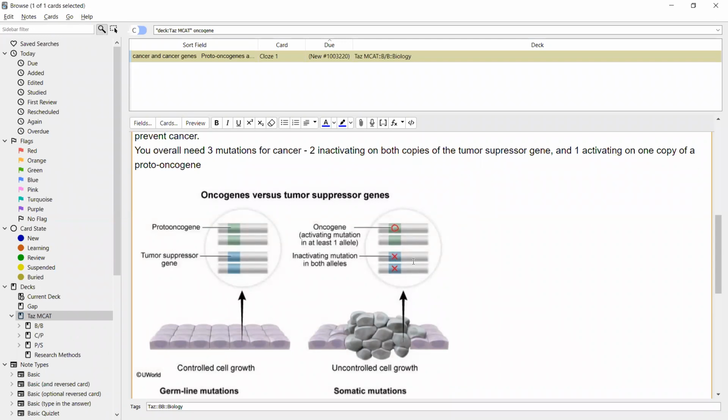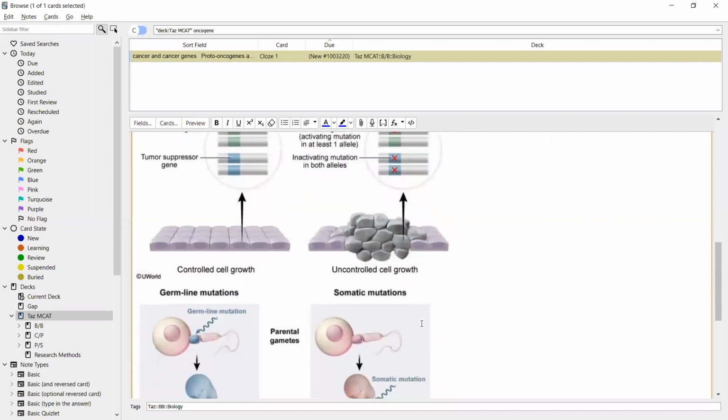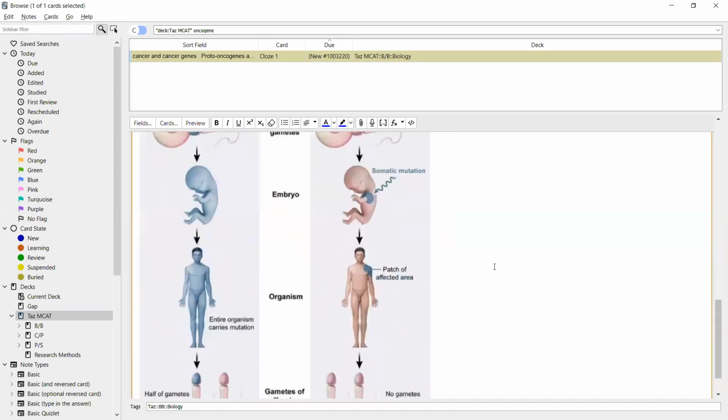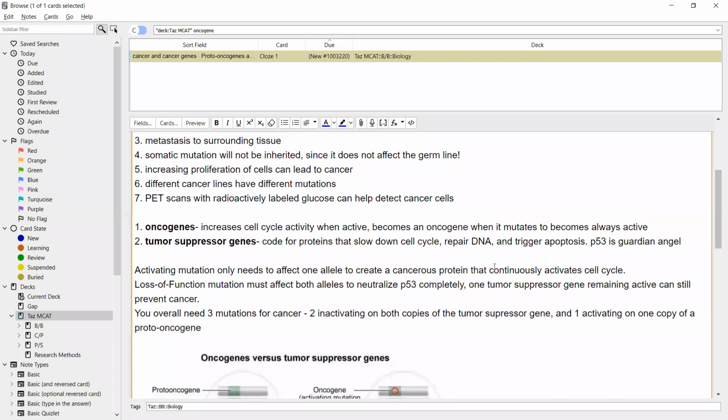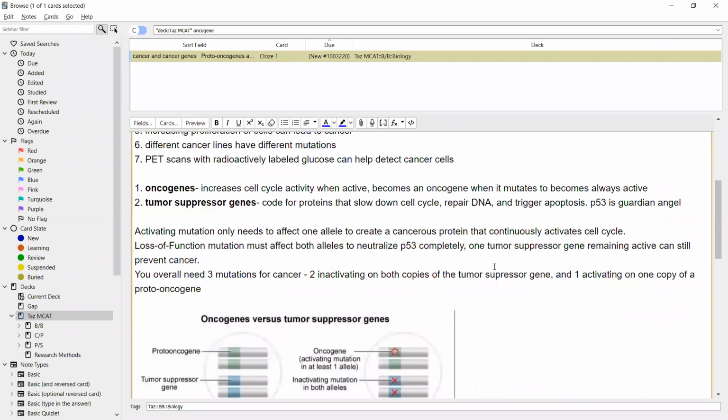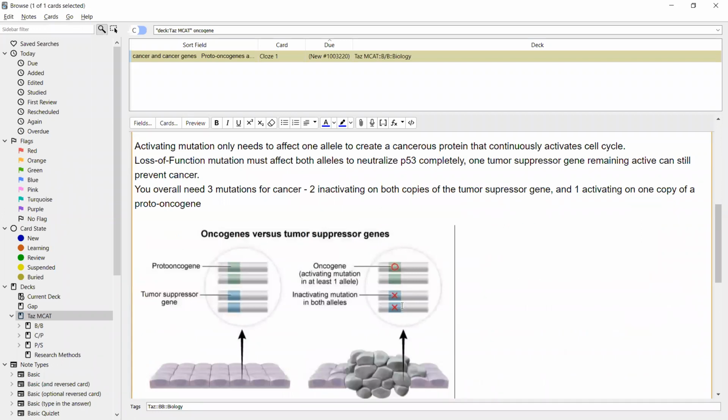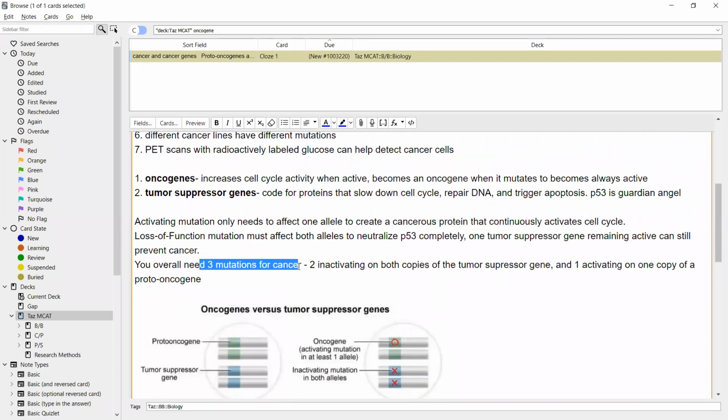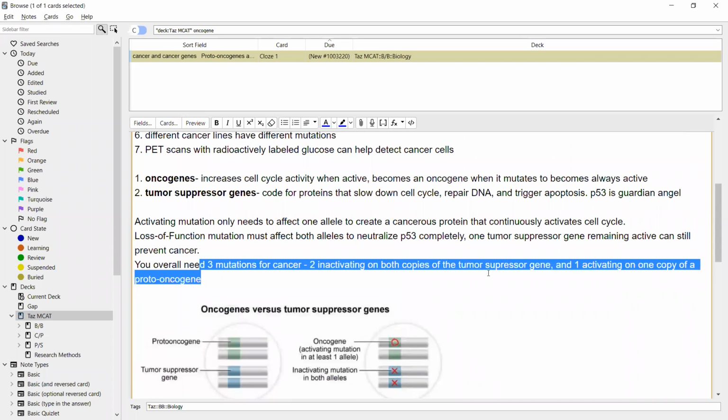Both of our safeguards have been inactivated via mutation, and one of the potentially bad genes has become bad, and now we have cancer. We're silencing the function of our guardians and activating a gene that should not be this active. So overall, you need 3 mutations for cancer: 2 inactivating on both copies of the tumor suppressor, and 1 activating on 1 copy of a proto-oncogene.